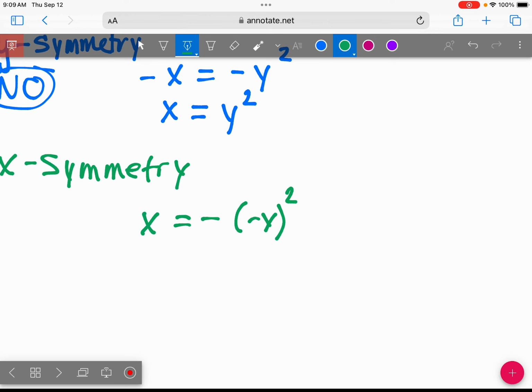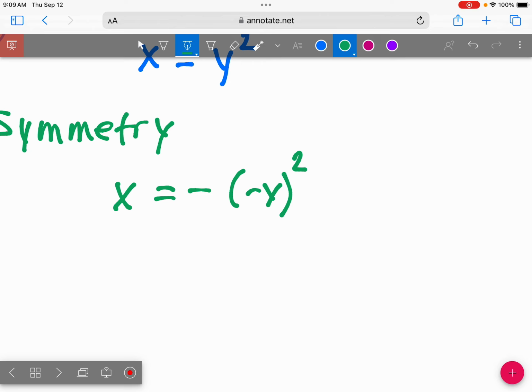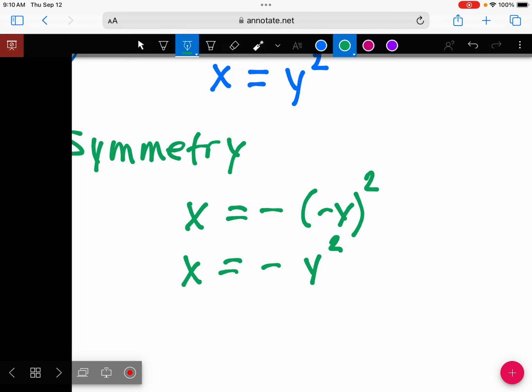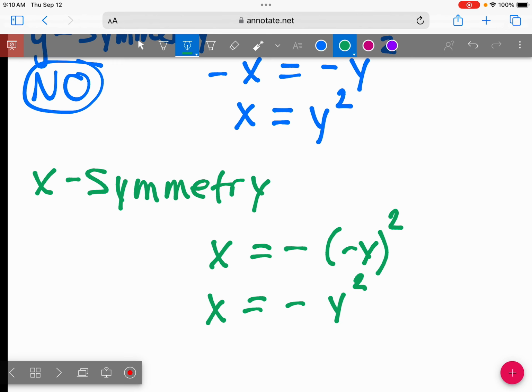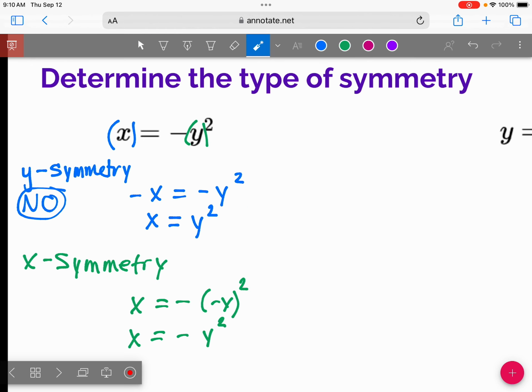Yeah, because negative y, quantity squared, is the exact same thing as y squared, right? So when I simplify, this becomes x equals negative y squared. It's the exact same thing. So does this have x-axis symmetry? Is this exactly the same as this was?